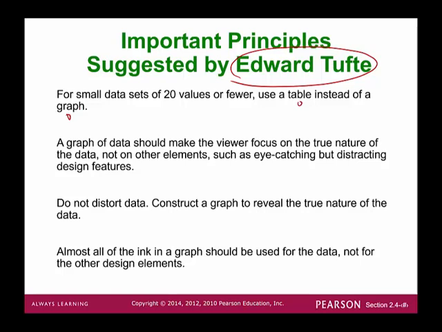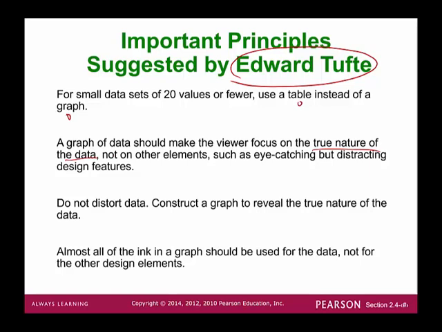The second important principle: a graph of data should make the viewer focus on the true nature of the data, but not on distracting or ambiguous design features. They usually mislead the audience in the wrong direction.